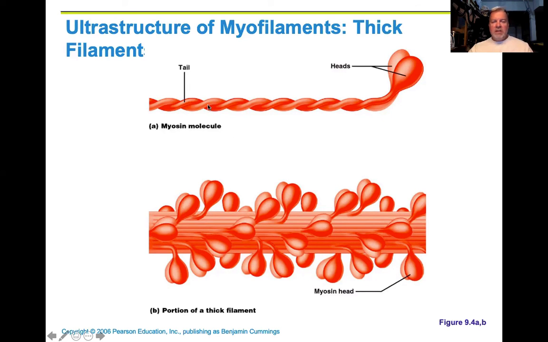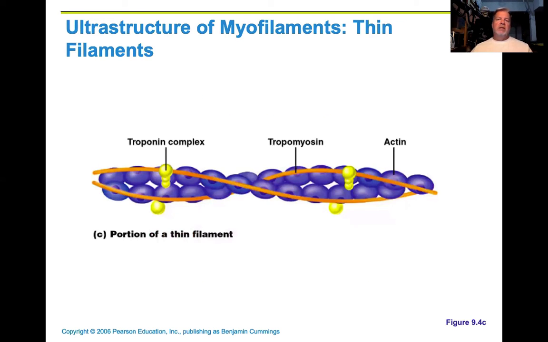Now, we're going to see that this molecule can actually bend here at the neck, and then it can also bend at the tail. And that's kind of important later when we get down into the sliding filament theory and how this whole thing's working.